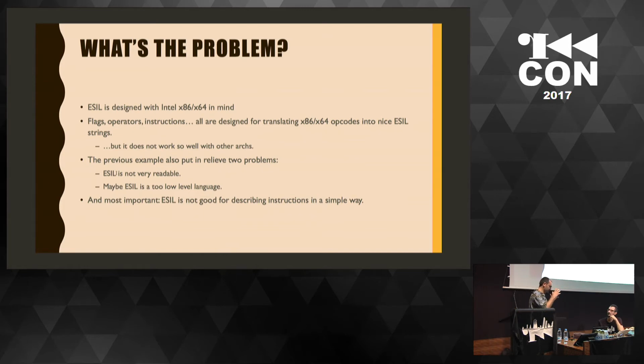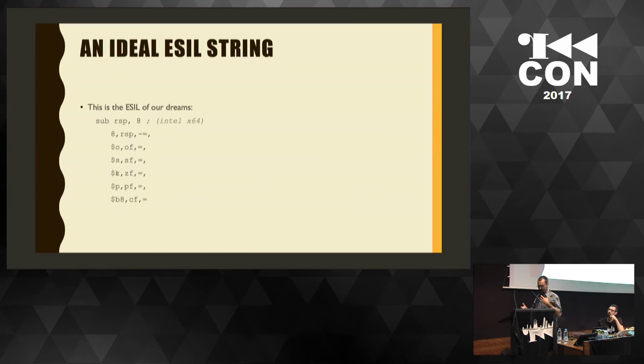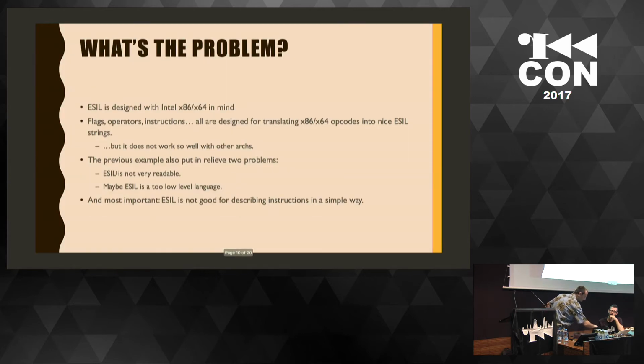Maybe the original idea of ESIL was to describe instructions in this way for making a manual of each instruction. You can see that and you say, yes, I can understand what the sub instruction is doing, but if you see that, you don't understand anything. So ESIL is maybe a good language, but not for humans.